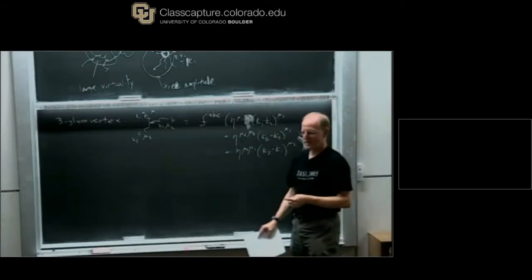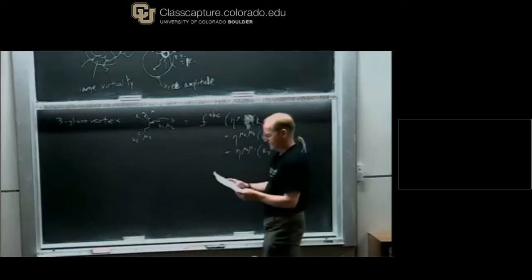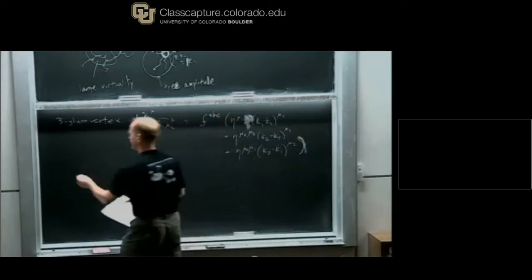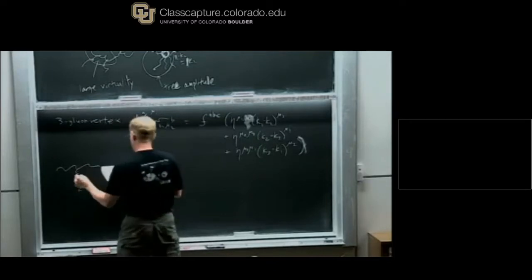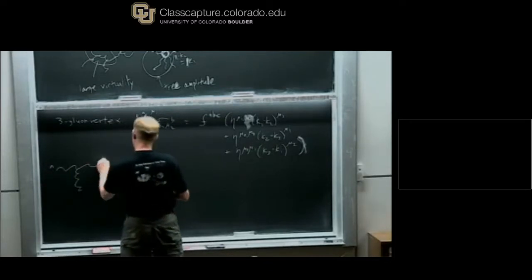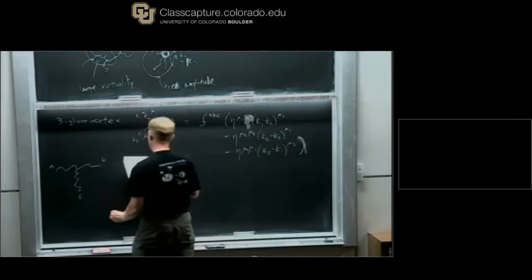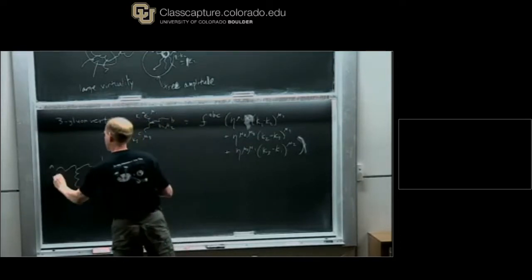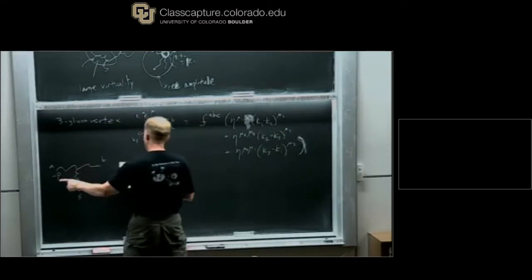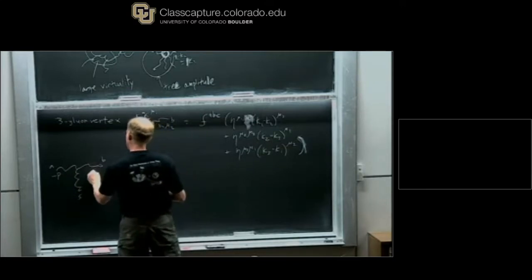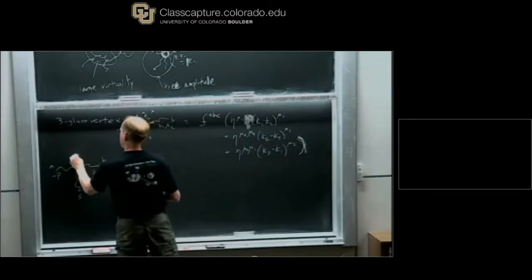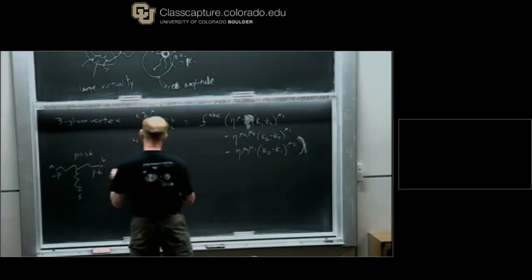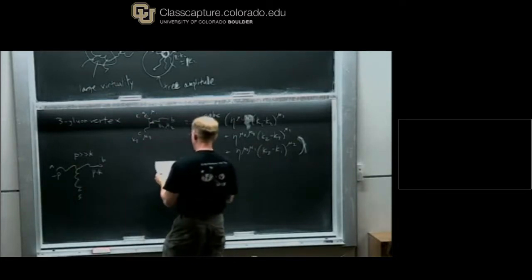If we now specialize this vertex to the soft limit, we take A and B to be the hard colors and S to be the soft color. I'll give this a momentum minus P and this a momentum P minus K, and I'll take P to be much greater than K, the soft momentum.